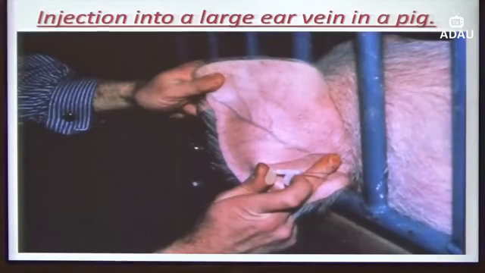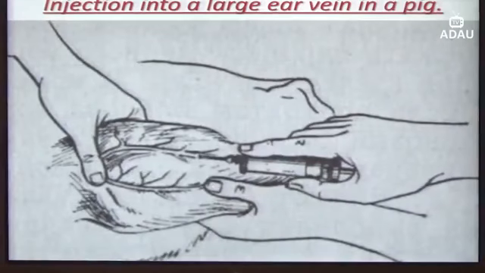Injection into the large ear vein in a pig. We can see the ear vein very well, because here we can inject some liquid and also take blood.